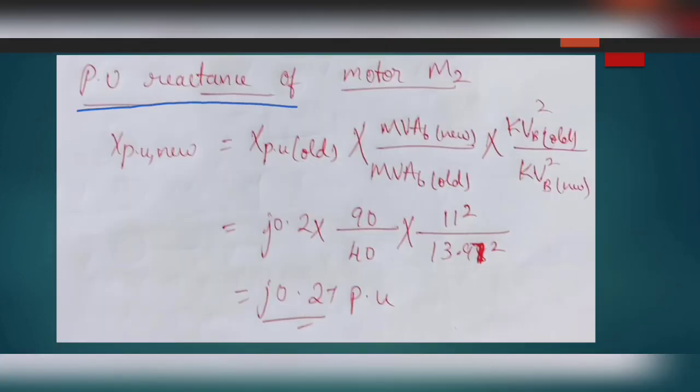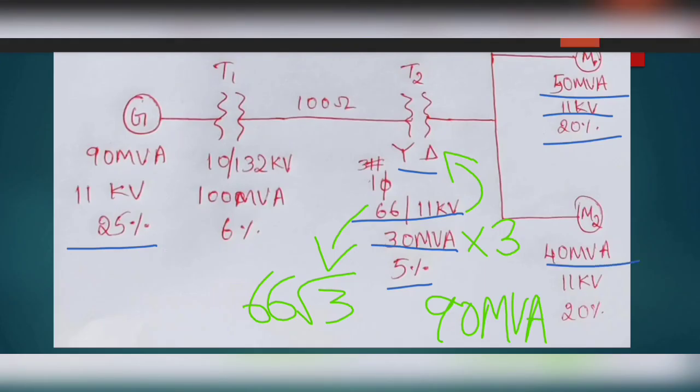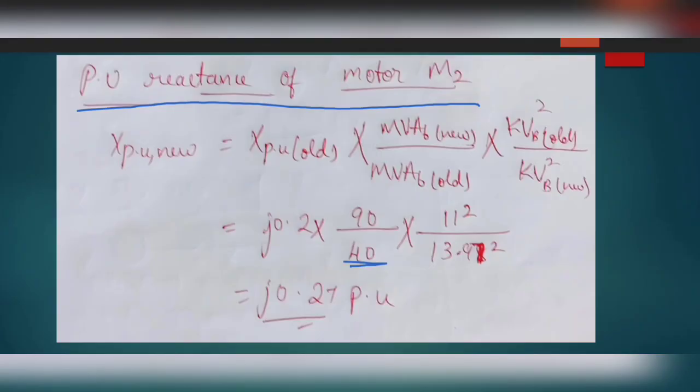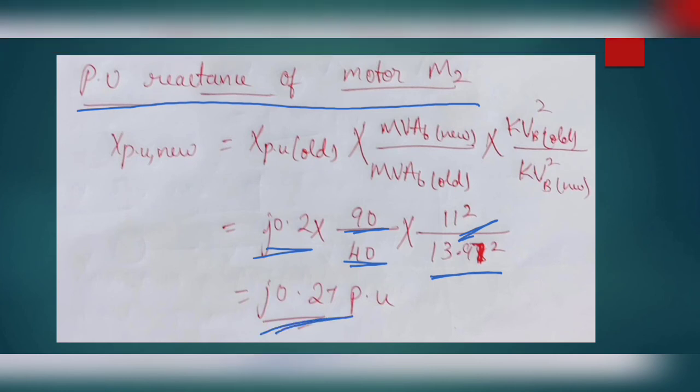Next is PU reactance of motor M2. Old values are 40 MVA, 11 kilovolt, 20%. With 11 square, j0.2, new MVA 90 and kV base 13.97 square, we get j0.27 pu.